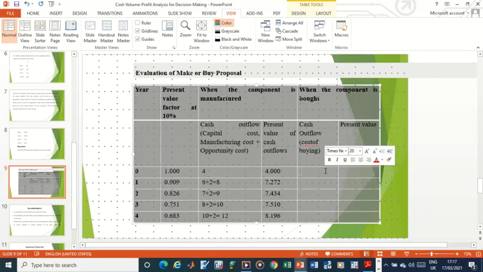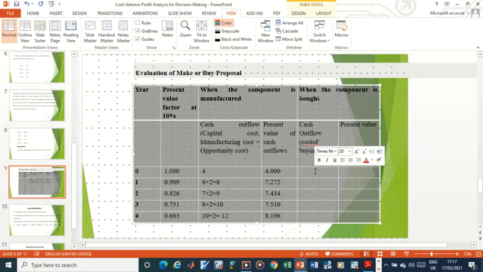Next, we are going to look at the cash outflow. That's the cost of purchasing the components. That means if Adefolaju Nigeria Limited decides to purchase the components, this is the cost it is going to incur in purchasing the components.